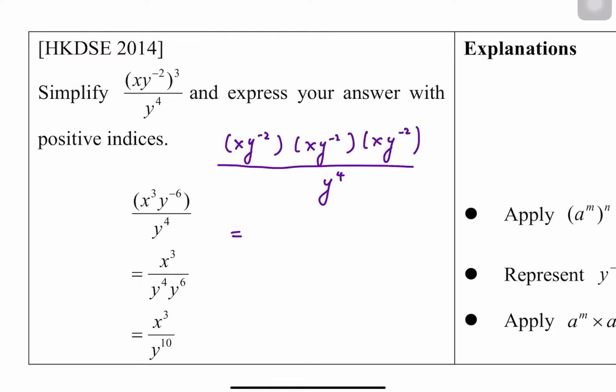We have 3 terms, multiply them together, xy to the power -2. So you can rearrange the order. That means in the numerator, we have 3 x's multiplied together, x times x times x. So that means x to the power 3. And then the remainder.